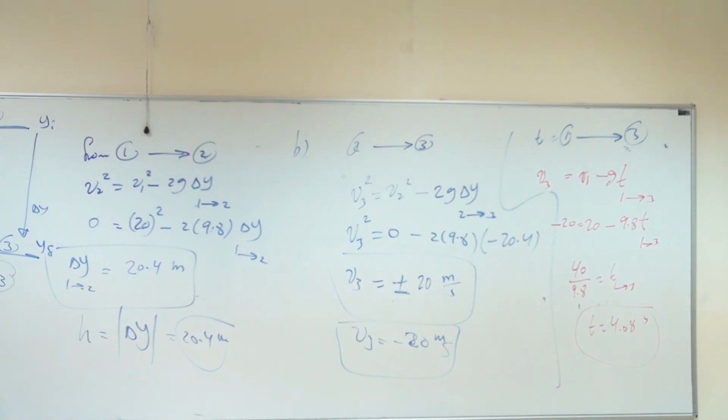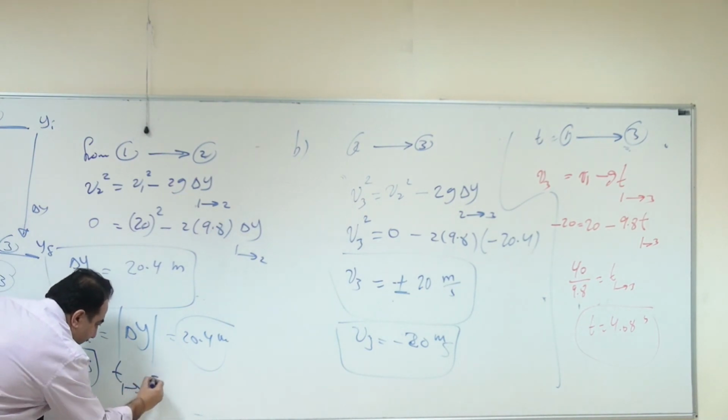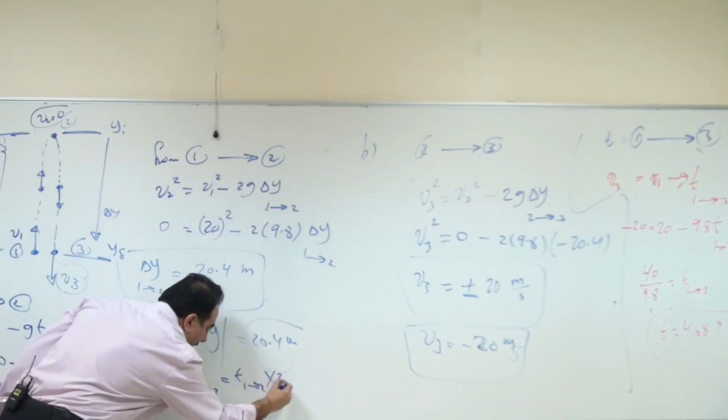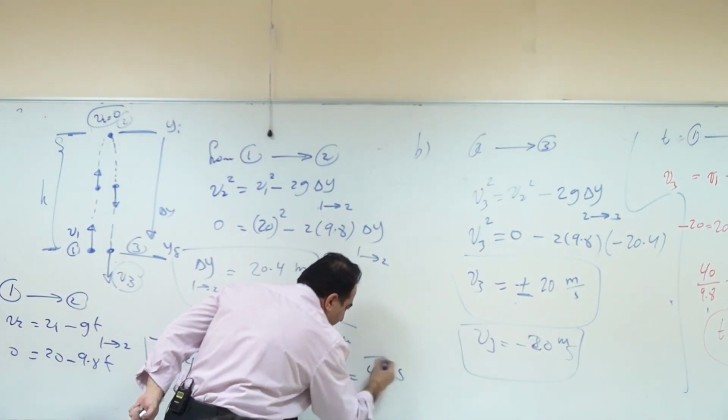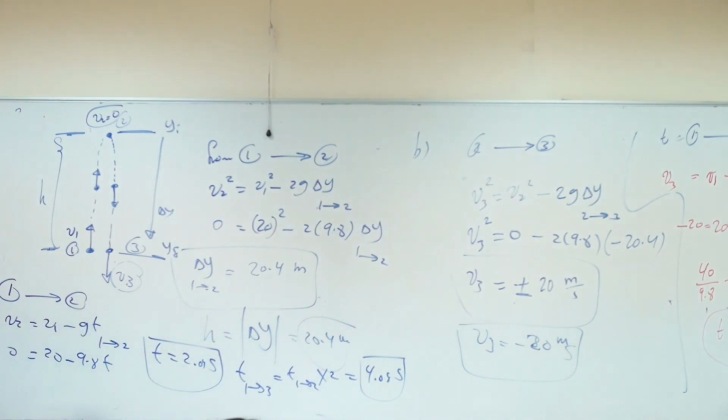So V2 equals V1 minus GT from 1 to 2. V1 is 20, V2 is 0, minus 9.8 T. So what is T? 2 seconds. Half of that, yes? So T from 1 to 3 is equal to T from 1 to 2 multiplied by 2, which is 4 seconds.